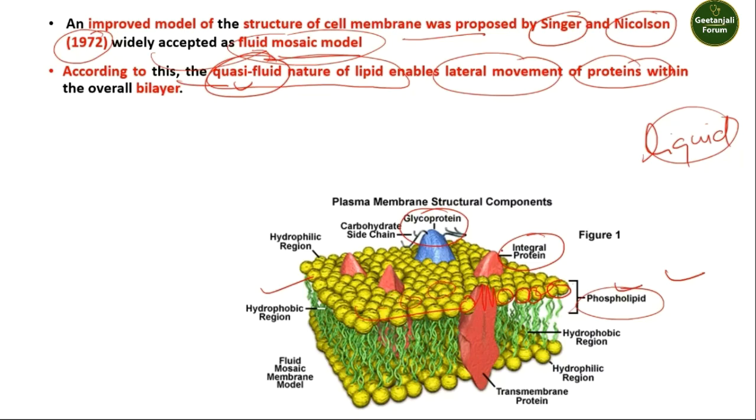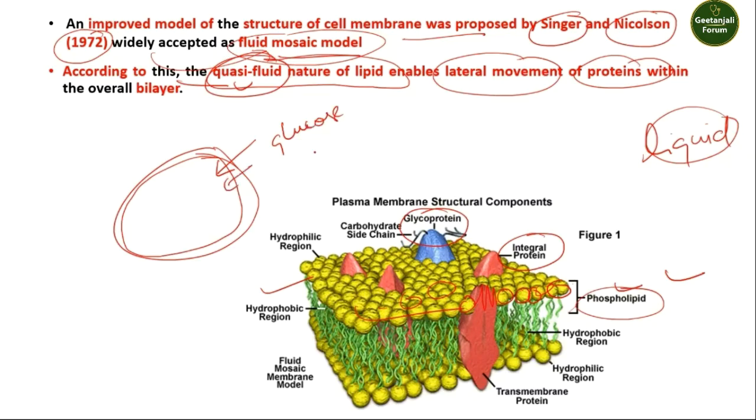This movement of protein is very important because the plasma membrane forms the outer layer of the cell, and cell needs many types of nutrient molecules like glucose. These molecules need to enter inside the cell so that cell can get energy from them. Since the plasma membrane proteins have movement, it allows entry of nutrient molecules inside the cell. That's why quasi-fluid nature of the lipid is helpful in this movement.